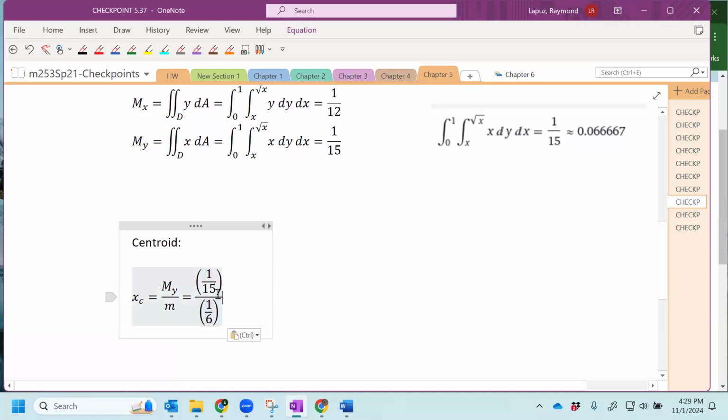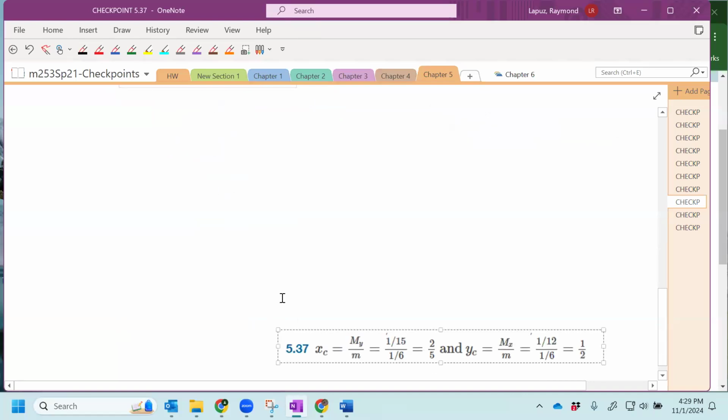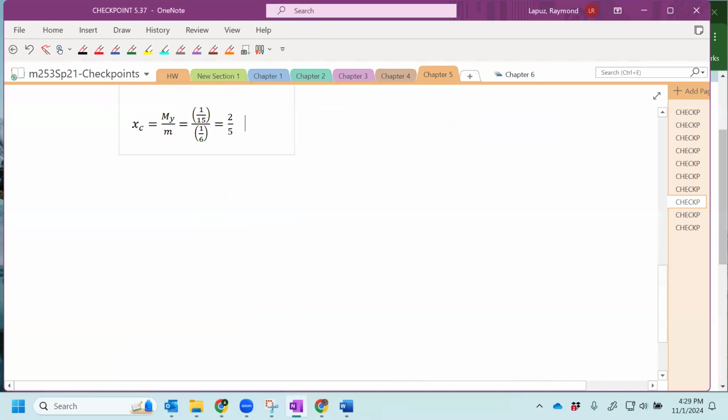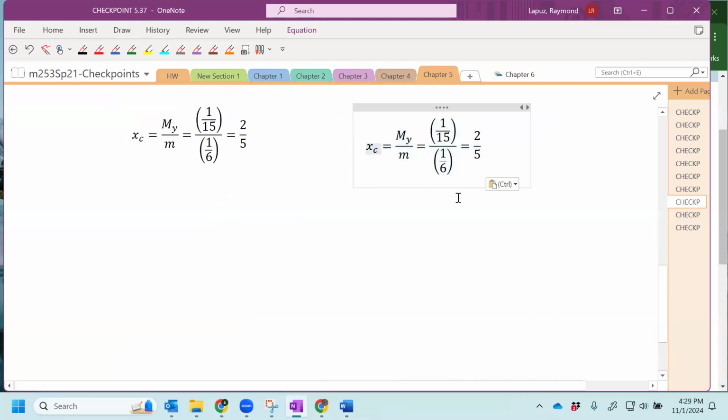I think we can cancel that. That would be 2/5, I believe, if we cancel the 3's out. So we have x sub c. And then let's get the y sub c. Let's copy and paste.